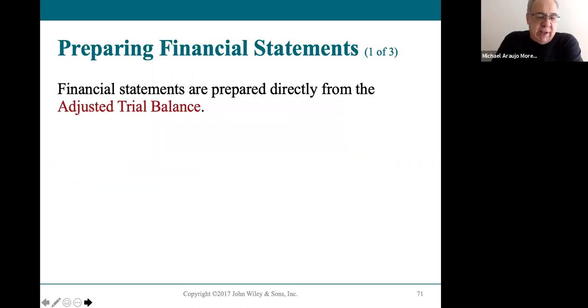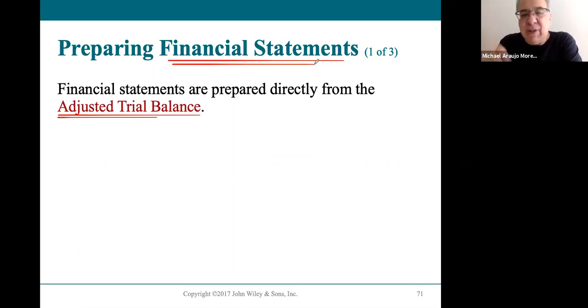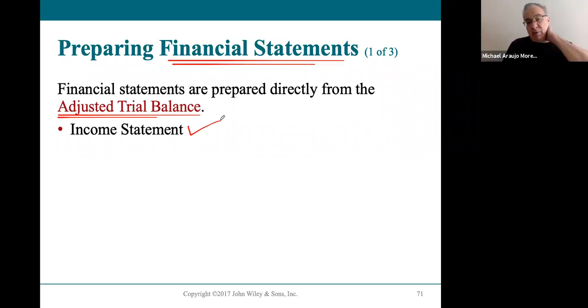So the good news is once we actually have the adjusted trial balance done, this is exactly what we use to prepare the financial statements for the business. So again, the very first, and I think the most important one, we always start with the income statement. It's the only statement that tells us whether we had a profit or a loss for a period of time, right?